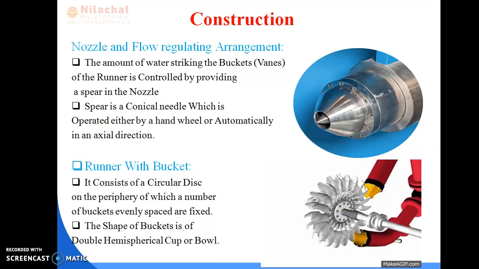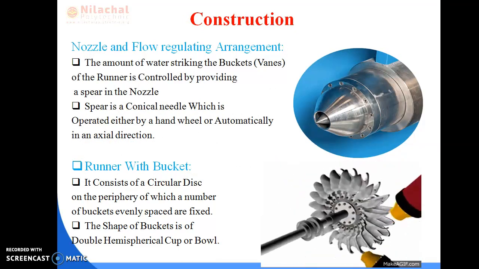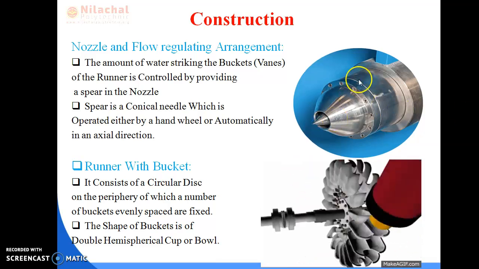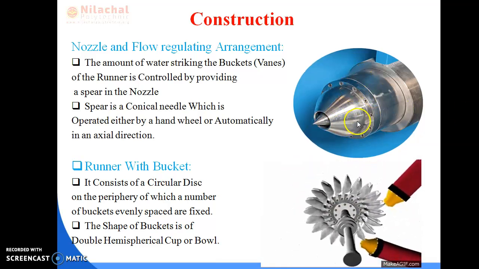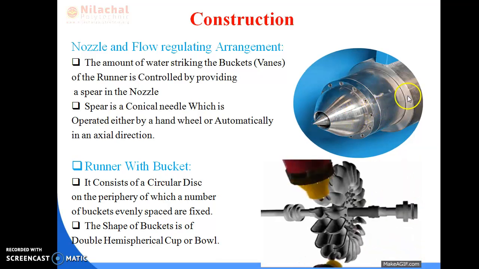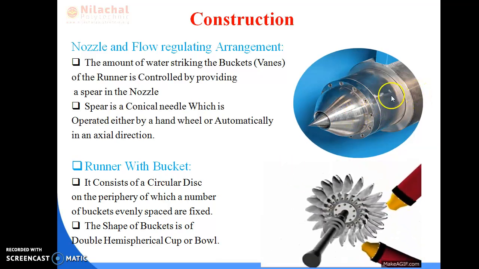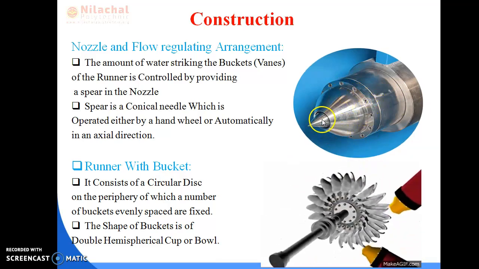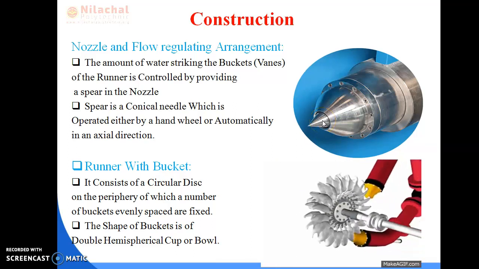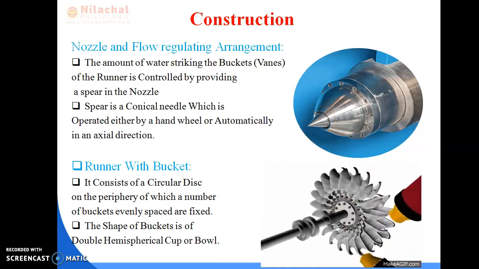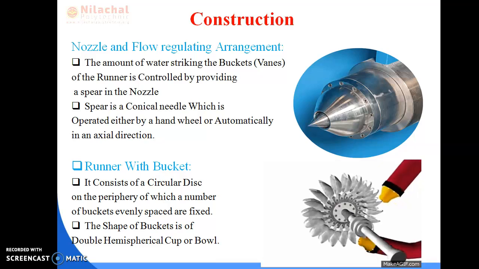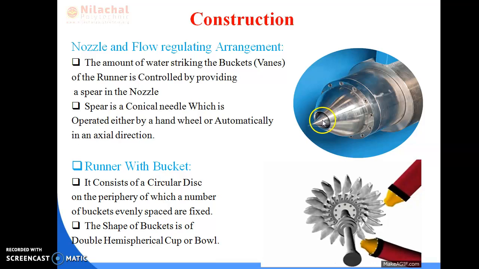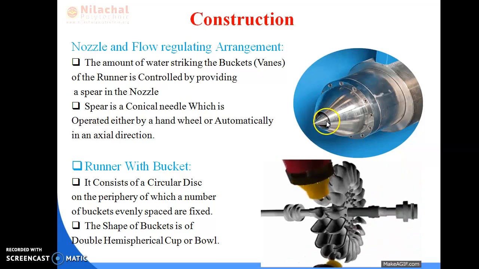First of all, we have to know the use of the nozzle and flow regulating arrangement. As shown in the figure, we have a pipe, that is the penstock, whose end is attached to the nozzle. Inside the nozzle there is a conical needle, which moves inside the passage of the nozzle.